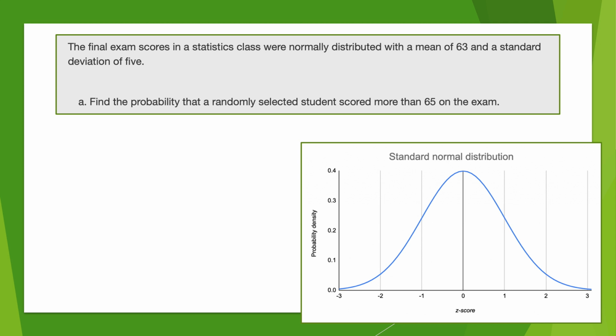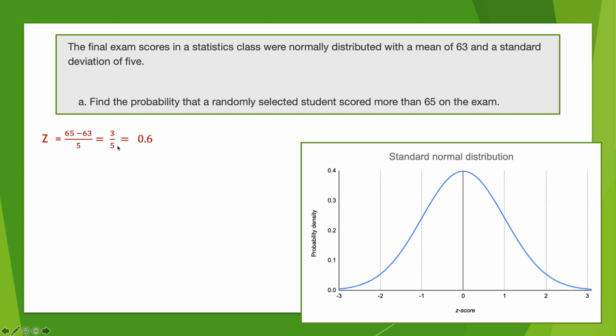The first thing I want to do is figure out the z-score, because that allows me to do some work either on the table or with interpretation of the z-score. You do 65 minus the mean, which is 63, over the standard deviation, which is 5.